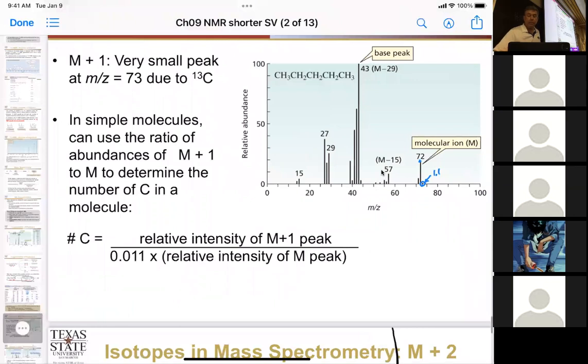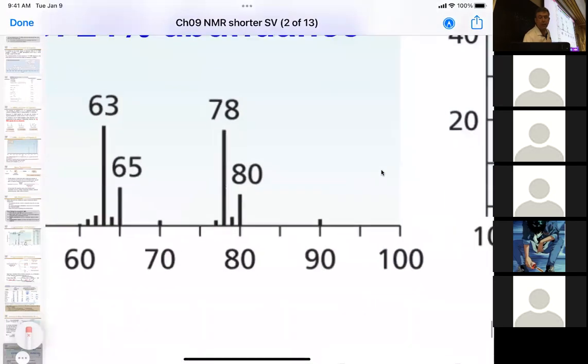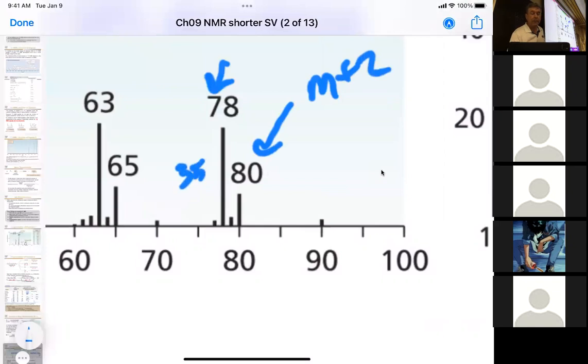Now let's look at an M plus 2. In the case of the bromine and the chlorine, they have very distinct patterns. Okay, and I'm going to pull the chlorine up first. So if we look at that, we have our M peak, which is this right here, and then we have our M plus 2. So this is our 35 isotope.